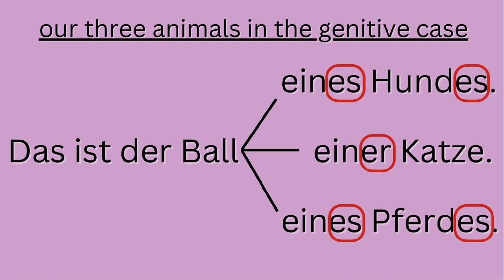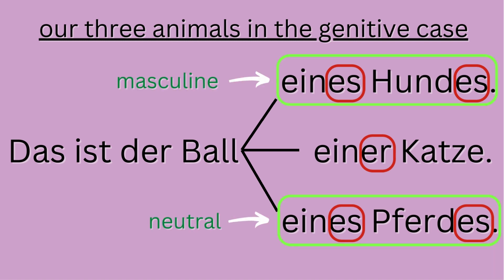So you can see how the endings of the indefinite articles change, but also for both the masculine and the neutral genders, we also have an ending for the nouns themselves as well. So we have eines Hundes, so we add an es to both the indefinite article, ein turns into eines, and Hund turns into Hundes.